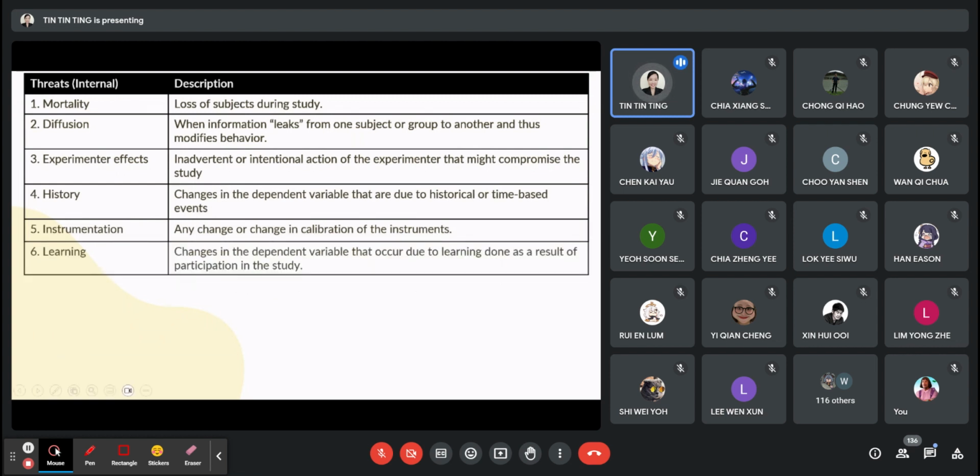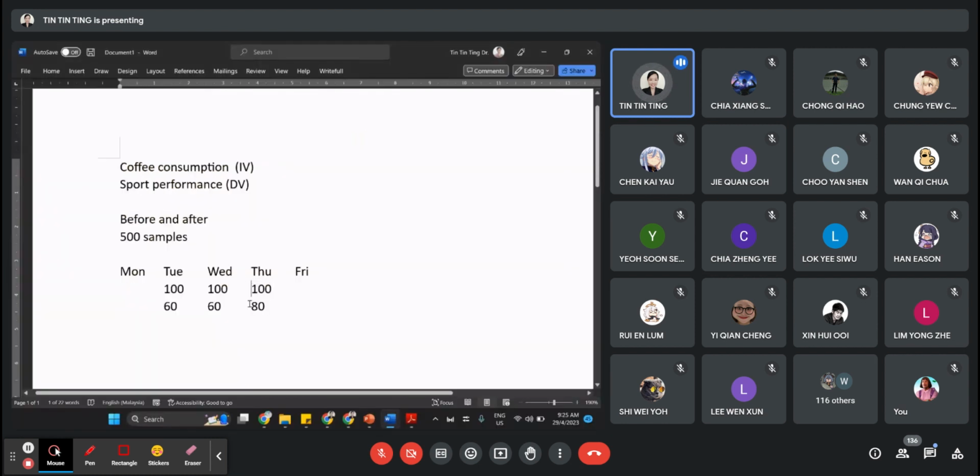Learning, changes in the DV of your subjects that occur due to learning as a result of participation in the study. For example, let's say we want to test 100 people and we have a 100 sample size. On Tuesday, this group of people come and I give them 1 cup of coffee. After that, I ask them to come back on Wednesday and I give them 2 cups of coffee.